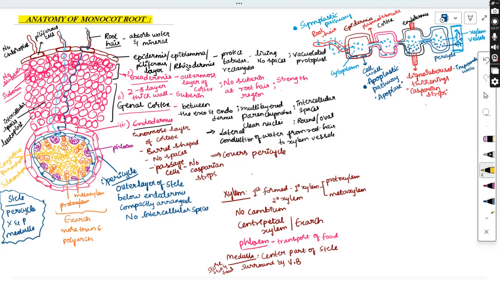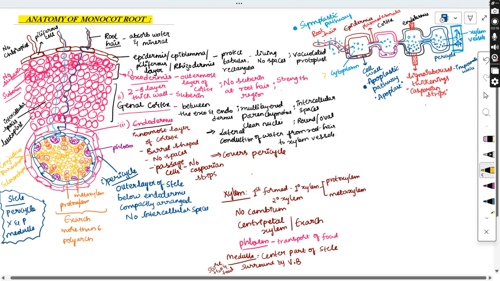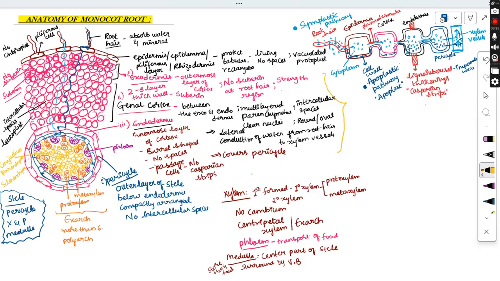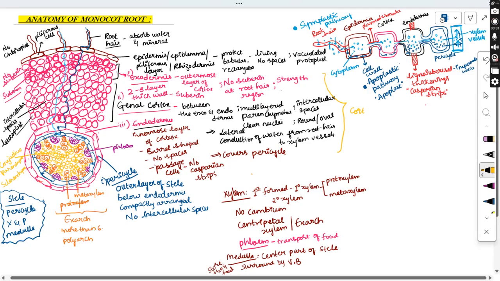Now, one more difference between dicot and monocot. The exodermis, cortex and endodermis regions we discussed in the dicot root are the same in the monocot. But in the monocot root, the cortex region is more extensive compared to the dicot.